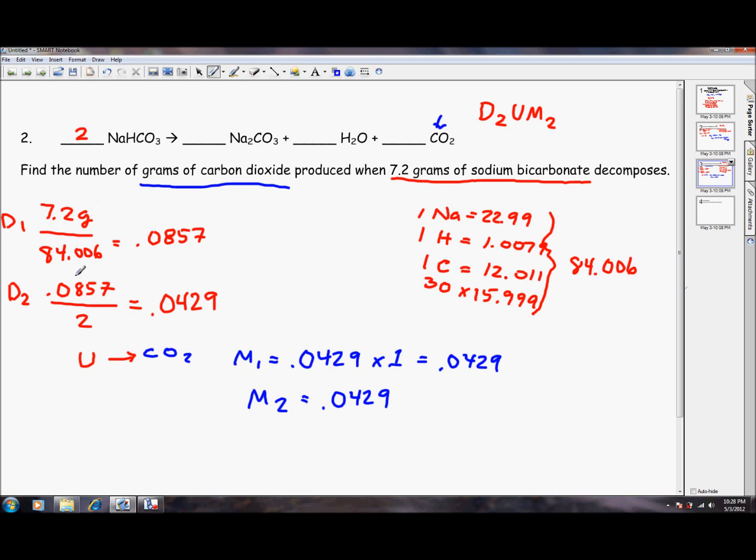See how it's molar mass, coefficient, and then it goes coefficient, molar mass. Now I need the molar mass of CO2. Alright, well I've got one carbon at 12.011 and 2 oxygens at 15.999. This is 44.001.